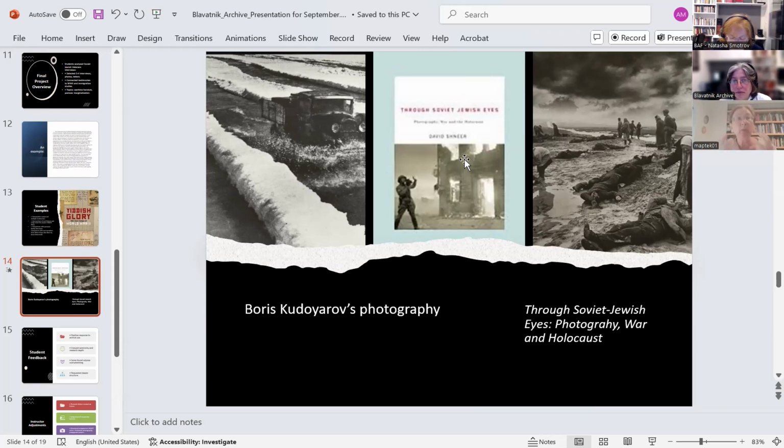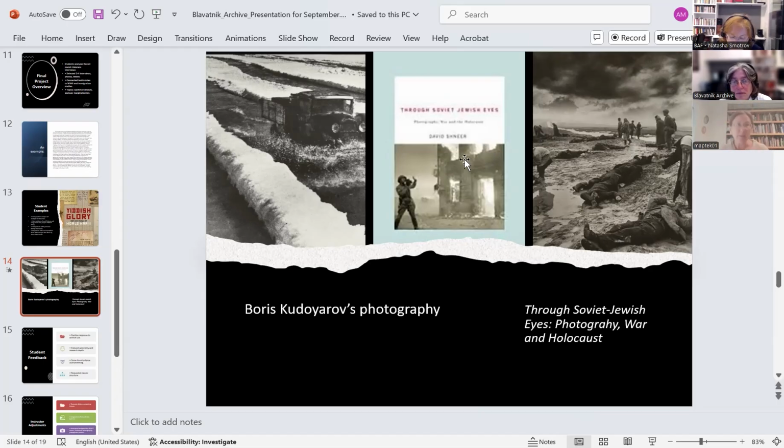We read chapters from this book, because these were the people who narrated the story of the ghettos when they liberated them, and of the Holocaust, concentration camps, death camps, and also the siege. Boris Kudoyarov's photography was a very good example of what Shneer was doing in his book.